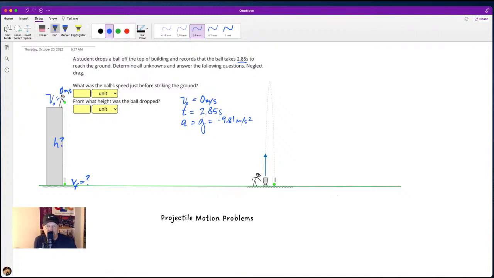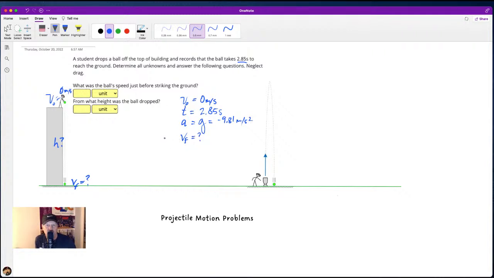And it's negative because it's downward, and velocity initial is 0 because it doesn't have any vertical velocity. And then V final is also going to be negative because it's pointing downward. So we can figure out V final, question mark, as this is the first question.